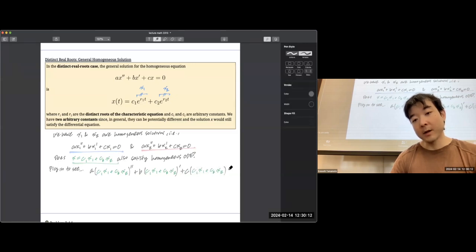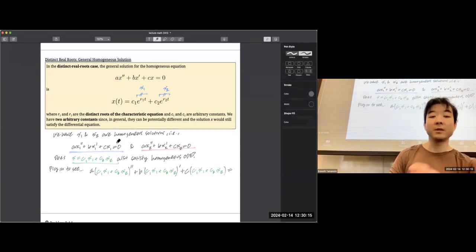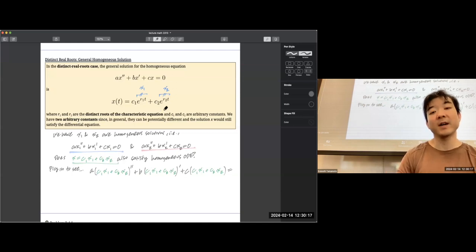And eventually, if I get this left-hand side to equal 0, then we're done.